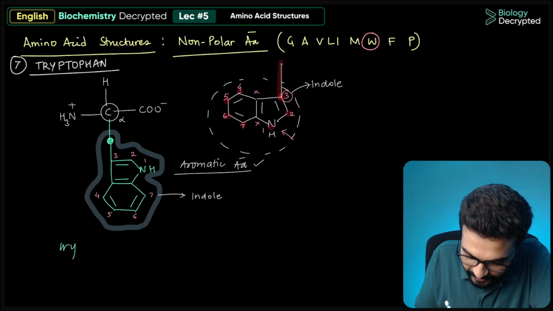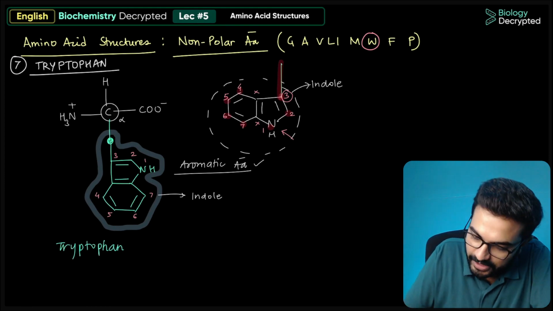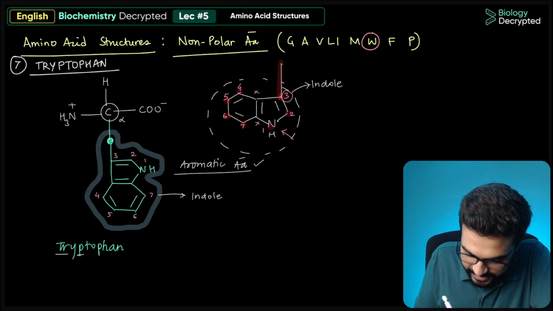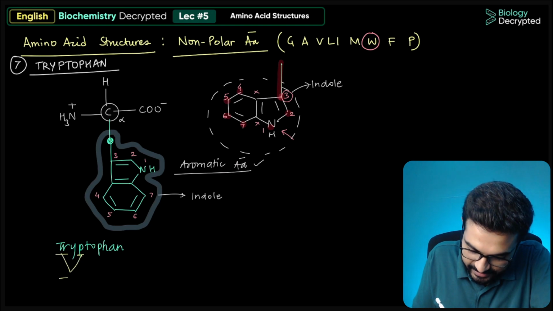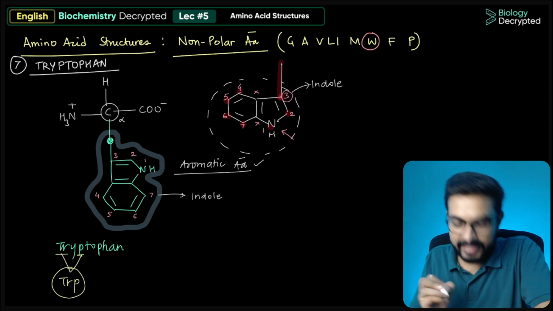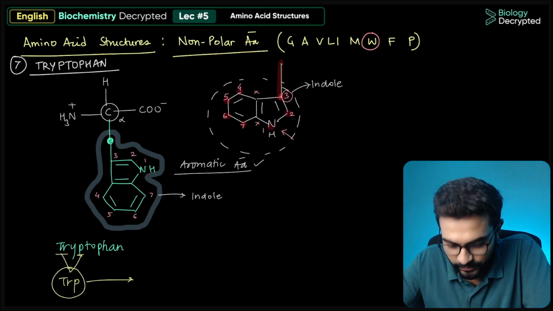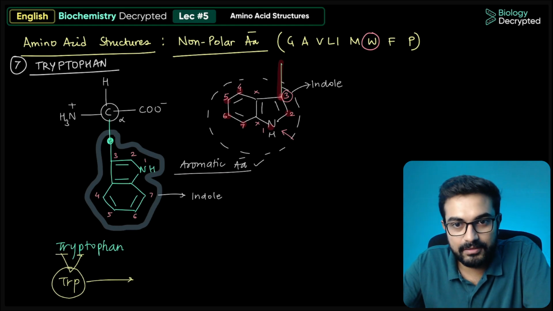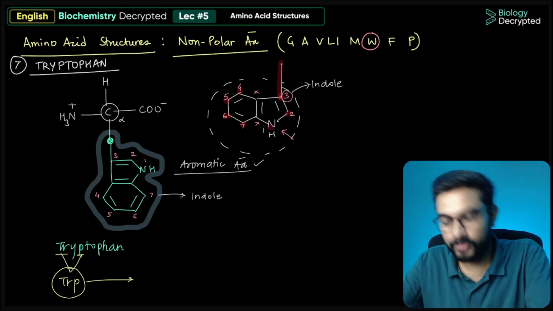If you write tryptophan, you'll have to highlight these 3 letters. Not TRY, it's actually TRP. So it's TRP. Now, TRP won't have a 1-letter code of T or R or P. Those are already reserved. So next we'll move to W.